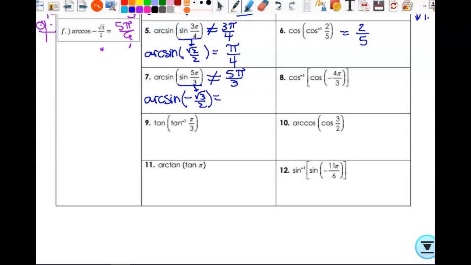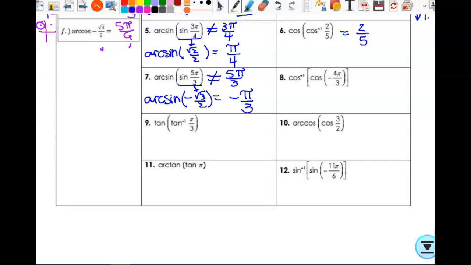Okay. Square root of 3 over 2, right? So the reference angle is pi thirds. This is negative, so which quadrant does it come from? Fourth. So my answer has to be negative pi thirds, which is in the same position as 5 pi thirds, but it goes by a different name, right? And that's important because it has to fit within there.